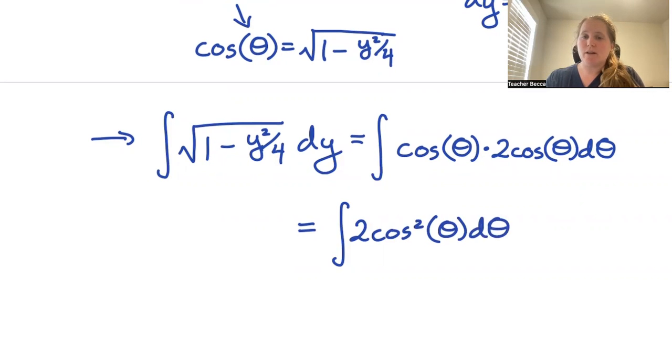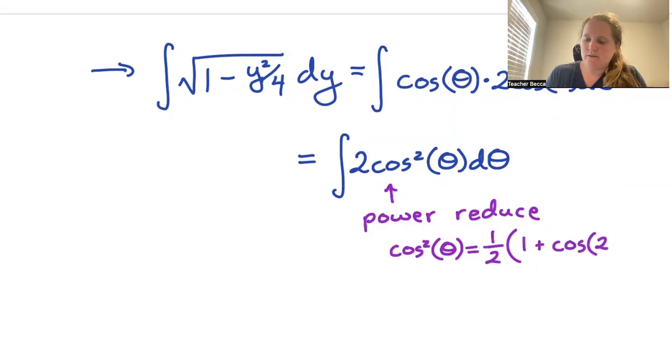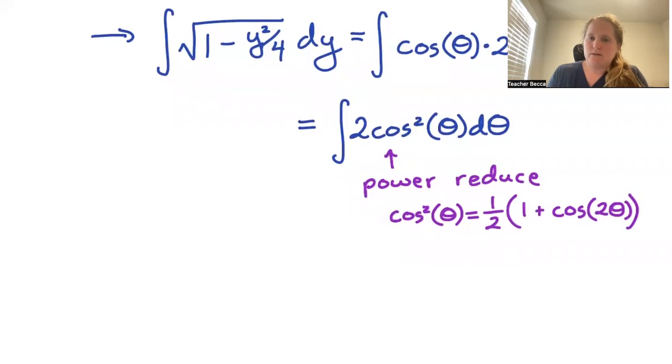But we can go ahead and apply our power reducing. If we power reduce, cosine squared theta was 1/2 times 1 plus cosine of 2 theta. And so 2 cosine squared theta is just 1 plus cosine of 2 theta.